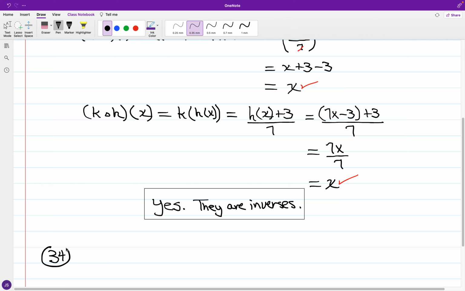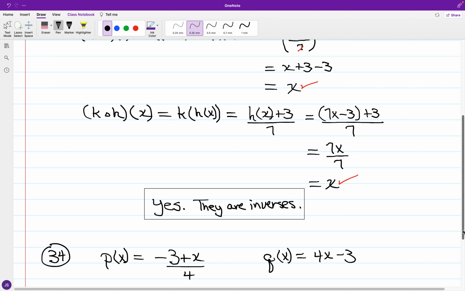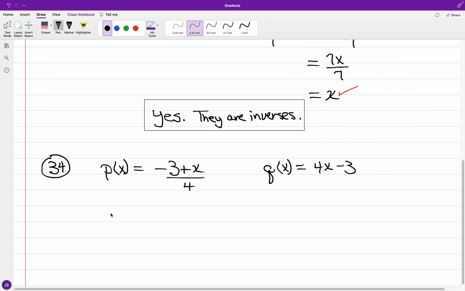We have another linear and rational function. p of x is given as -3 plus x all over 4, and q of x is 4x minus 3. Again, if these are inverses, they will compose together as x regardless of the order of the functions.